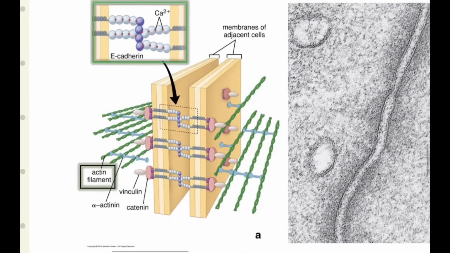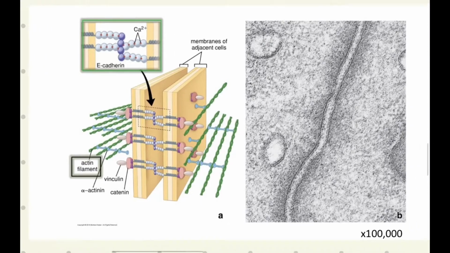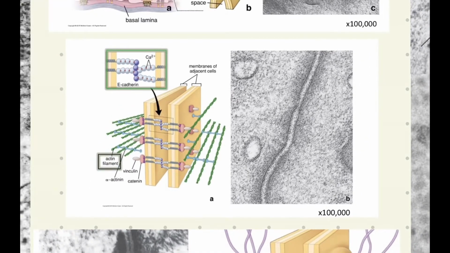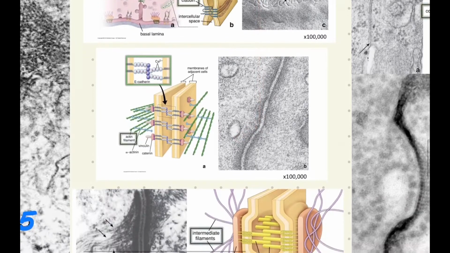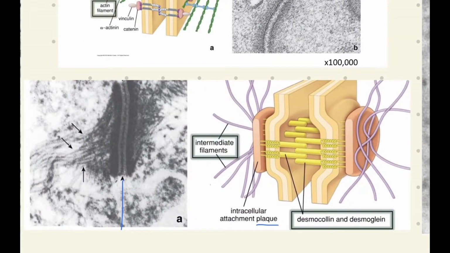So you can see here that it's made of E-cadherin, and the molecules that make up these junctions are calcium, and these attach to actin filaments in the cytoskeleton. So that's a key difference here. Both of these attach to actin filaments, and then as we move further down, this, as you might guess, is going to be your Macula Adherence.